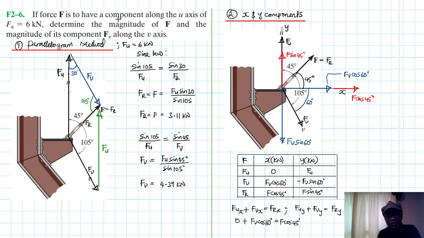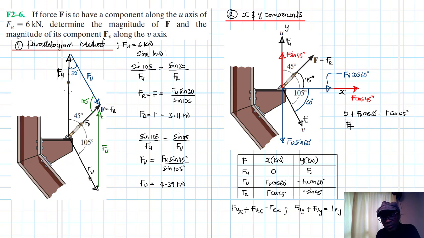Okay, maybe I write this down somewhere. So using our first equation, let me write here where I have space. I have 0 plus Fv cos 60 equal to F cos 45.